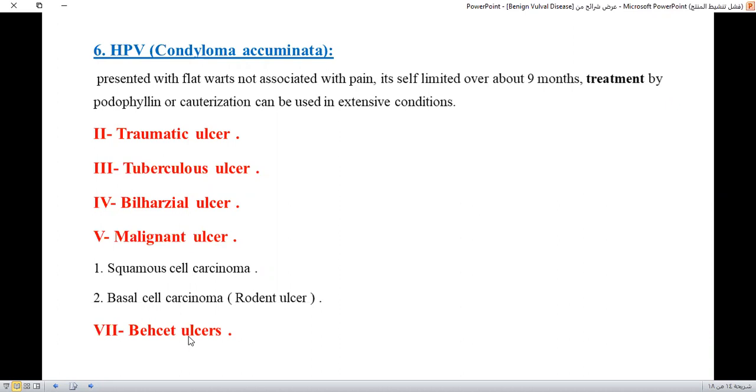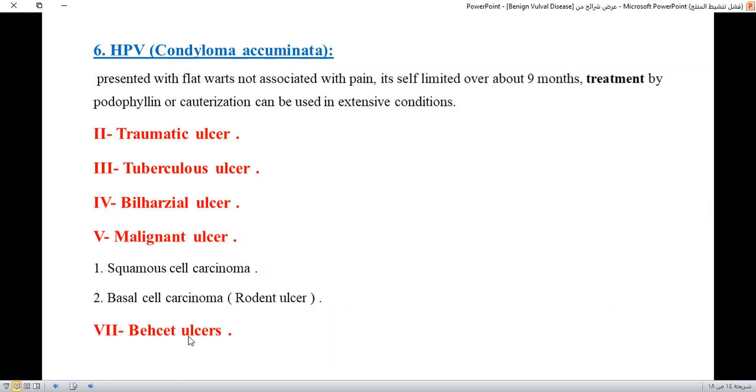Primary chancre is a painful solitary ulcer with painless lymph node. False. Both the lymph node and the ulcer are painless. Treatment of chancroid by azithromycin 2 gram orally as a single dose. False. 1 gram.